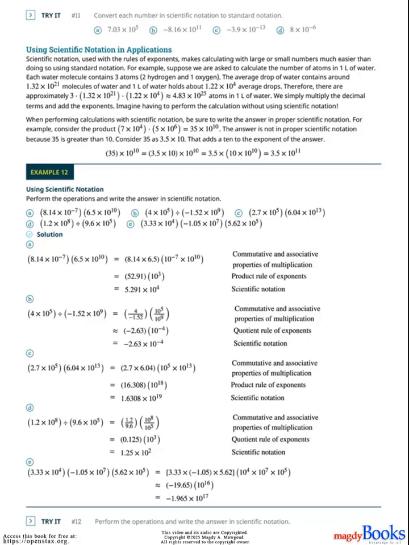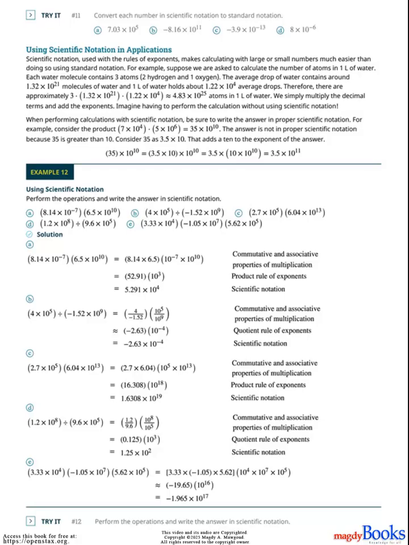Commutative and associative properties of multiplication. Equals (-2.63)(10 to the power of negative 4). Quotient rule of exponents. Equals negative 2.63 multiplied by 10 to the power of negative 4.